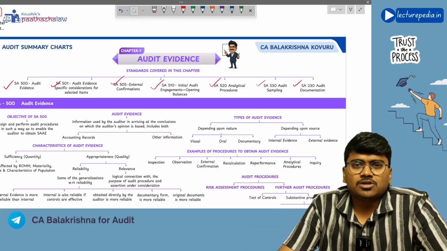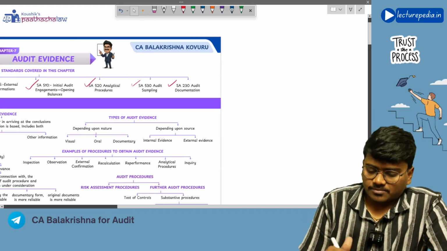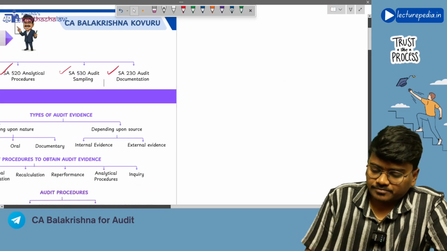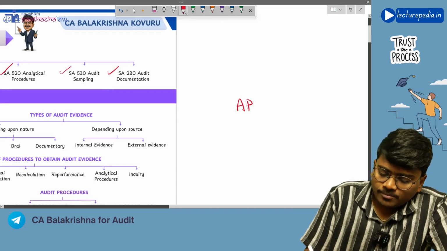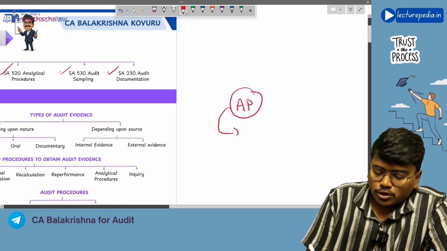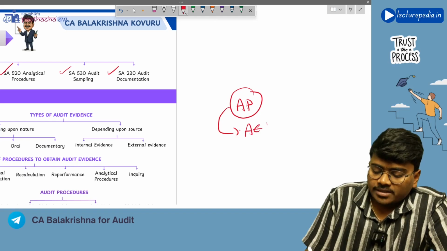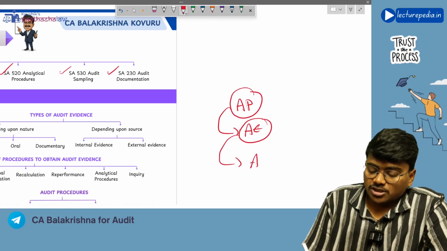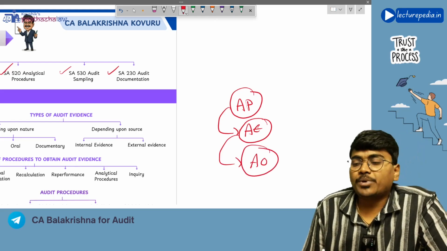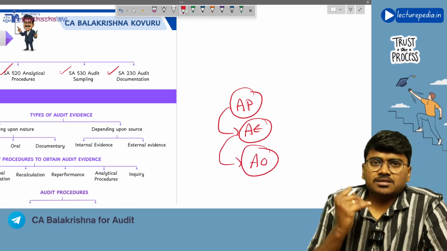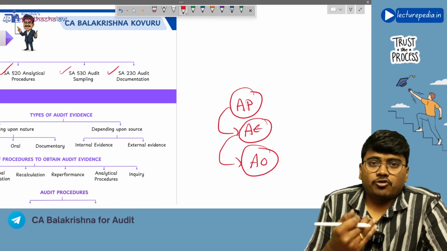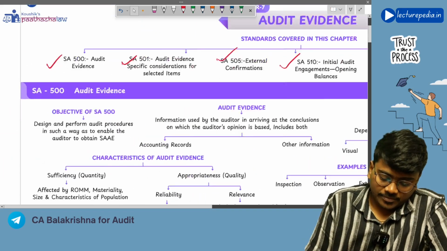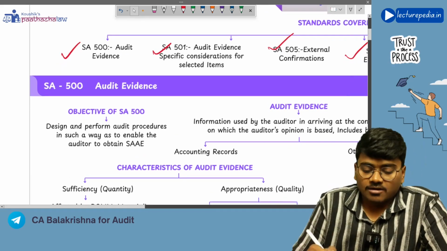This is how the flow will be: you will perform audit procedures, from the audit procedures you will obtain audit evidence, and based on the audit evidence, you will give the audit opinion. The audit evidence that you obtain by performing audit procedures is dealt with by SA 500.